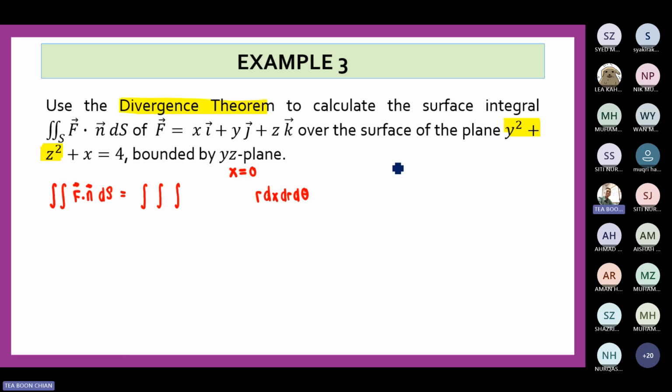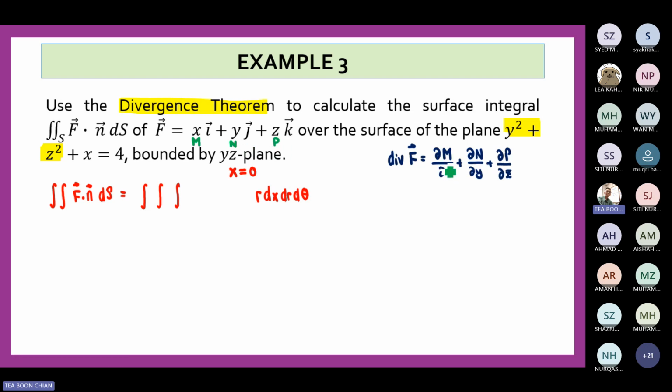So again, the divergence of f is equal to partial differentiate component m with respect to x plus partial component n with respect to y plus partial differentiate component p with respect to z. Now again, like I mentioned, sometimes the vector f is given, sometimes it is not. If f is given, then make sure you can identify clearly that this i direction is component m, this j direction is component n, and this k direction is component p.